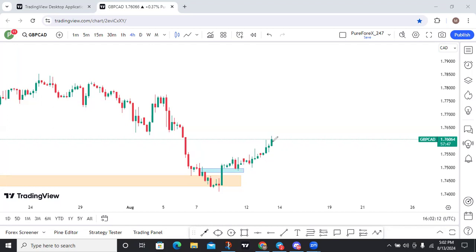We want the market to push, break this high, and come back for what? Come back for a possible Quasimodo reversal, or we want the market to push and then come back for a retracement, and then we wait for confirmation for us to buy.